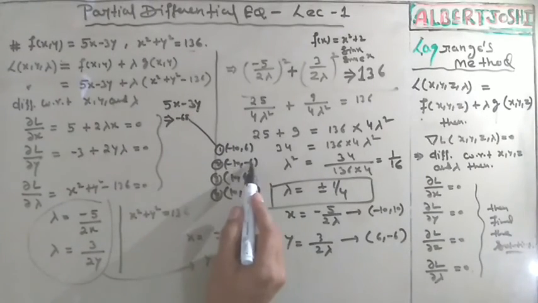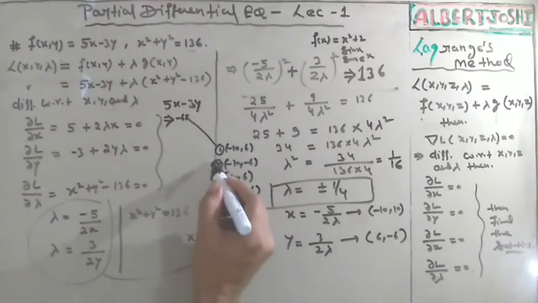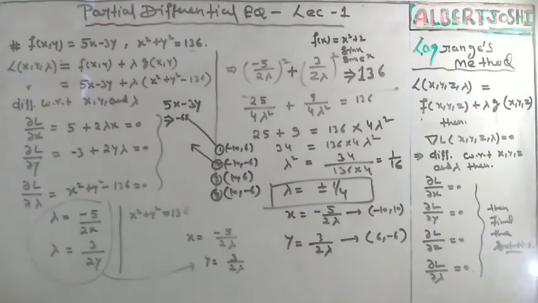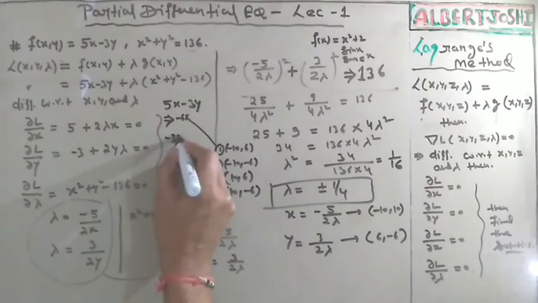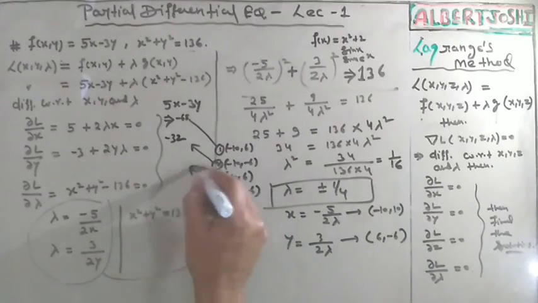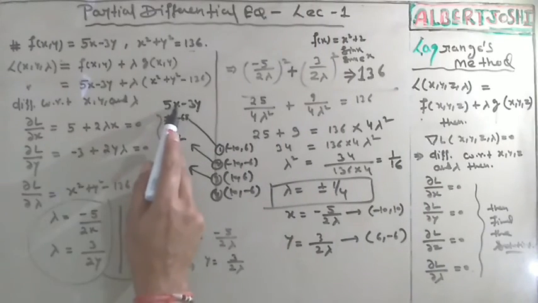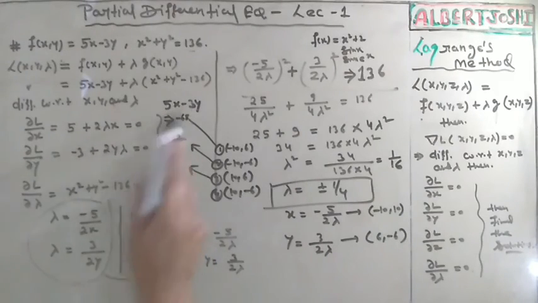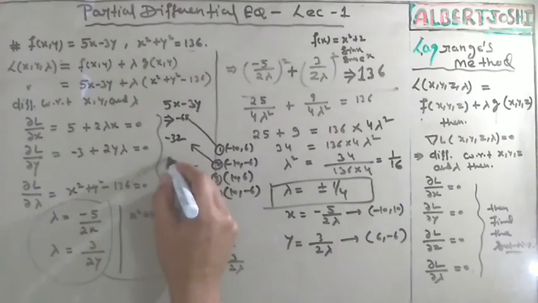Now you put minus 10 and minus 6 here: 5 into minus 10, 3 into minus 6, this will be plus, and you are getting minus 32. Again put 10 and 6 here: 5 into 10 and 3 into 6, 50 minus 18 is equal to 32.